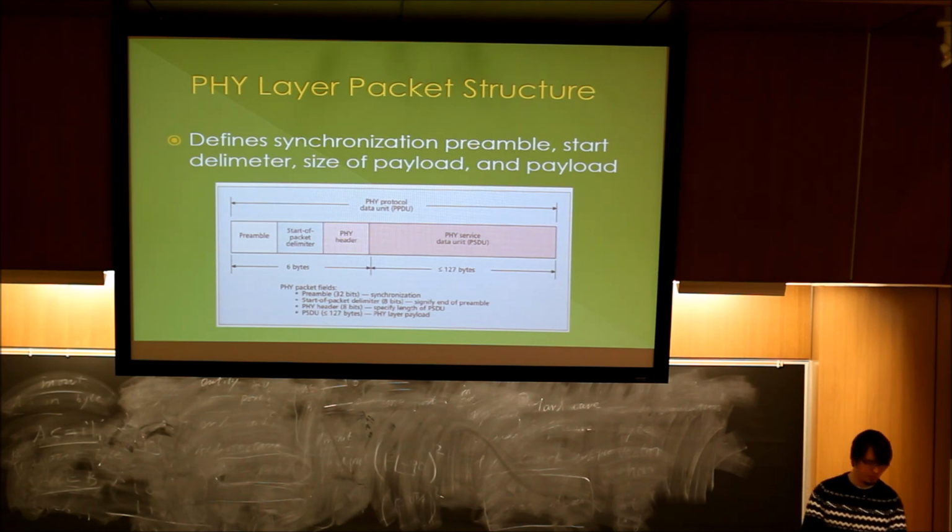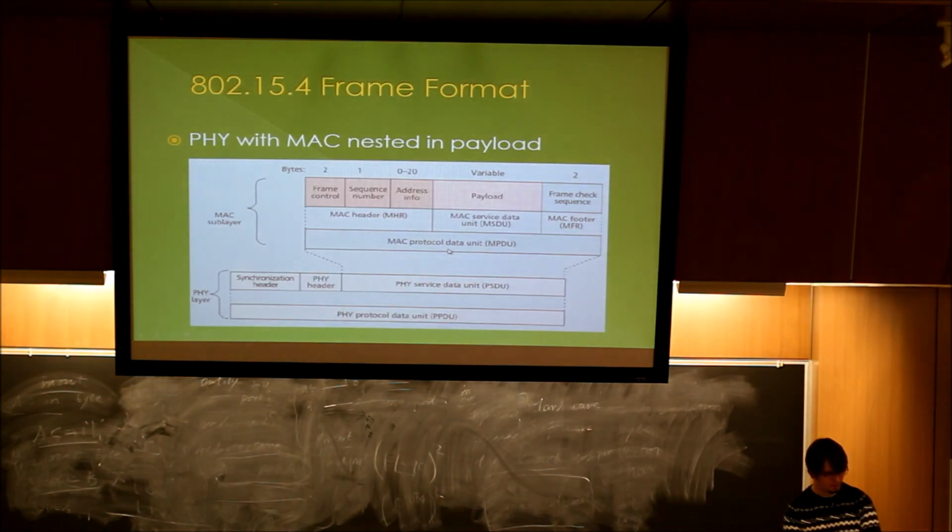It has 32 bits of preamble, which is used for synchronization operations, just to get the packet in sync, and then the packet is defined by a start delimiter, and after the delimiter, it'll start parsing the actual packet itself, which begins with, for the physical layer, a header that contains the length of the packet, and then the payload itself, which it'll just cycle and take in the whole payload based on what the header length was defined to be. And we'll come back to this in a little bit.